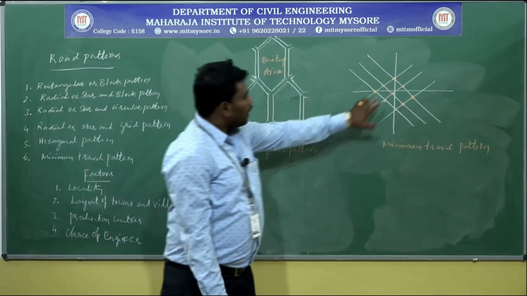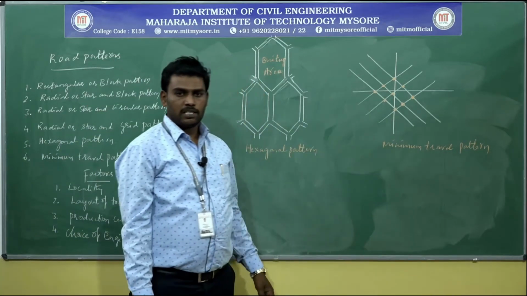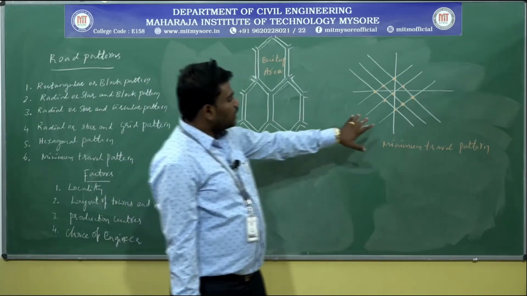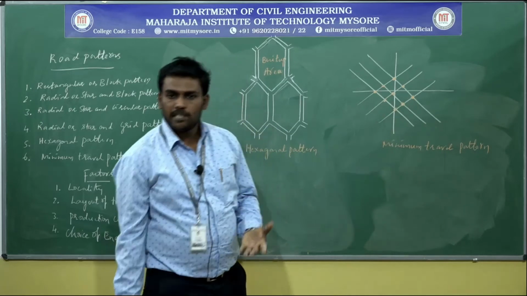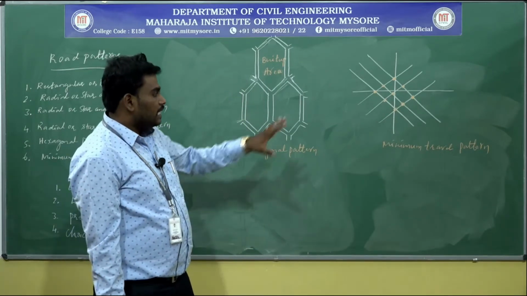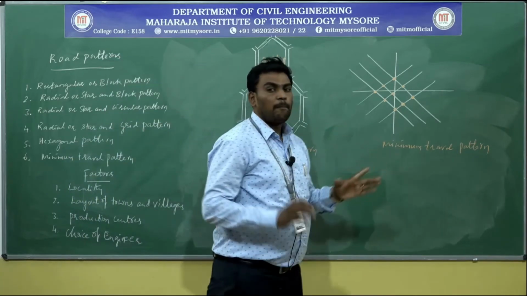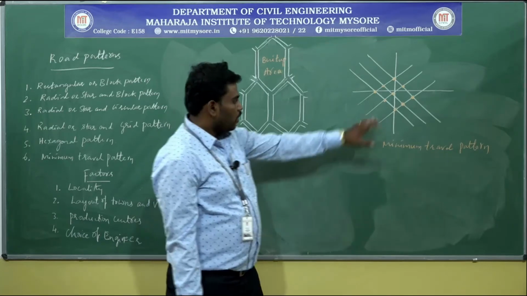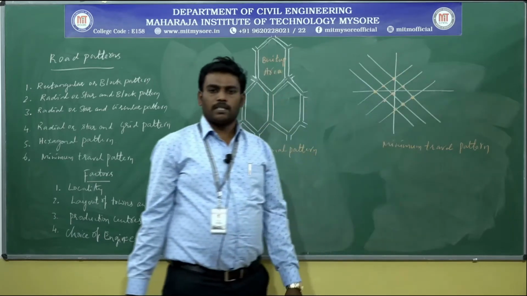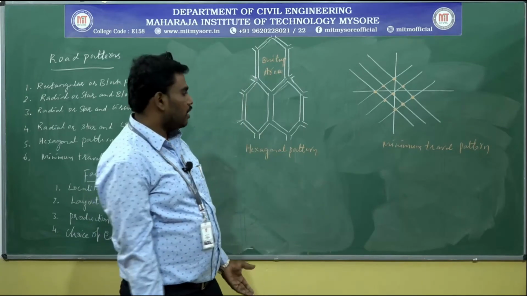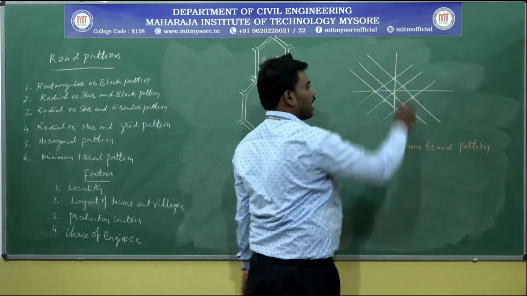Next it is the minimum travel pattern, the 6th one. To reach the city center from the suburban center, neighborhood center and sector center, it requires minimum travel.